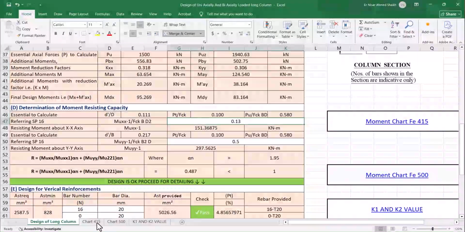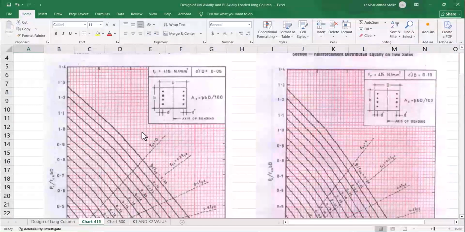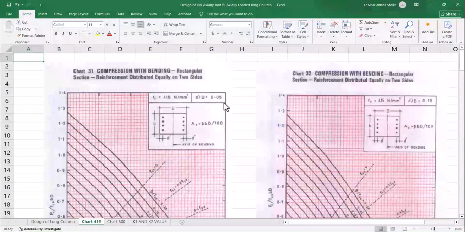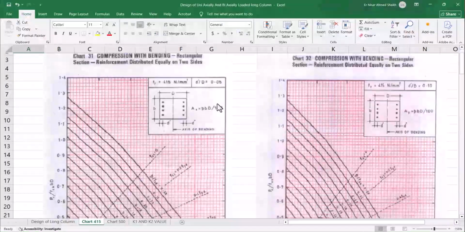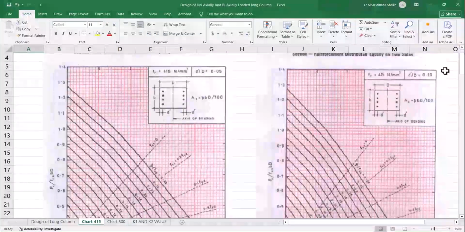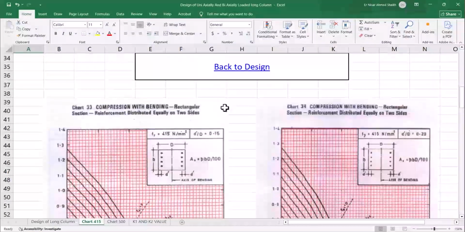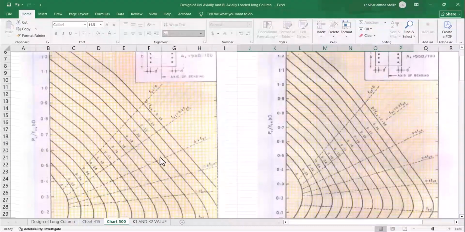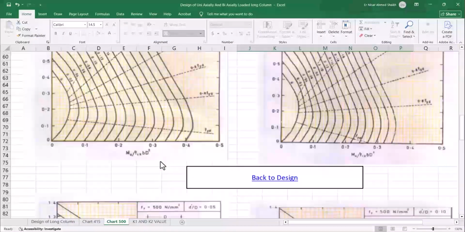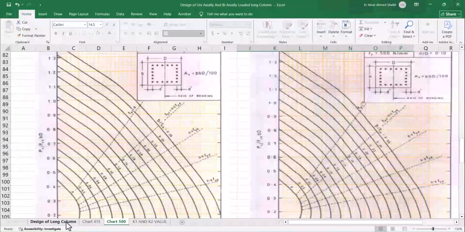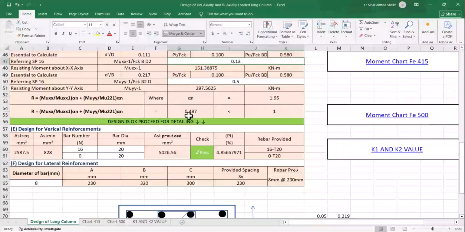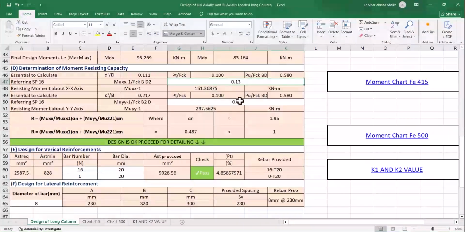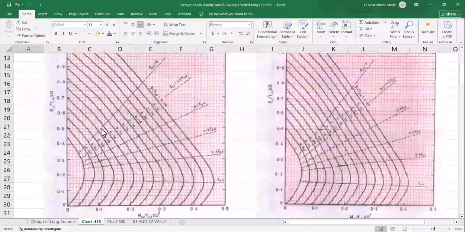How do we calculate this? From this chart. You can see for d dash by d 0.05, 0.10. This chart is for Fe415, this is for Fe500. For Fe500 charts you can see, according to this we take these values from these charts.